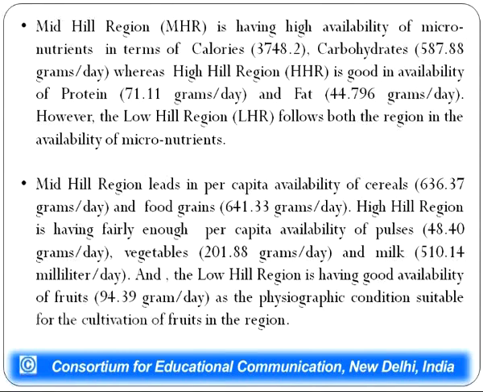However, the low hill region is lacking in both, in the availability of the micronutrients. So, the situation of the low hill region is very bad. The middle hill region leads in per capita availability of cereals and food grains. The high hill region has fairly enough per capita availability of pulses.